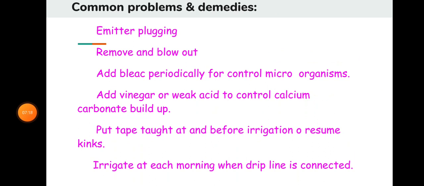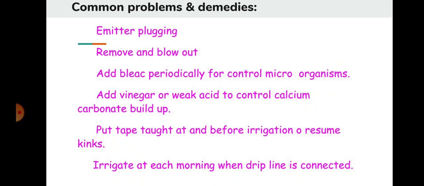And now we are going to see the common problems and remedies for the drip irrigation system. One is emitter plugging, especially after heavy rain, which damages the pipe; remove and blow out or replace the emitter. Then we can add bleach periodically to control microorganisms, for example algae.